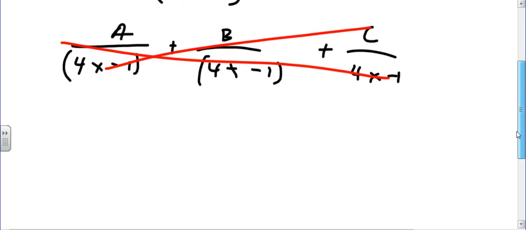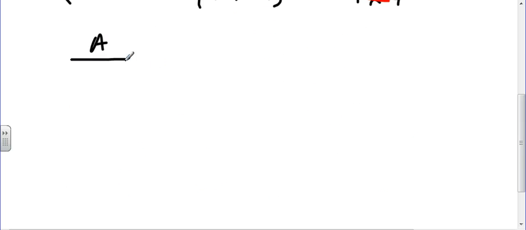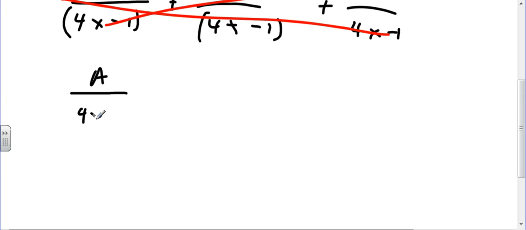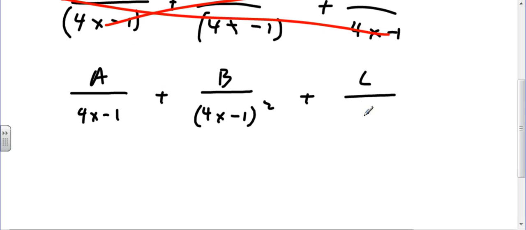We need to look at this as A over 4x minus 1 plus B over 4x minus 1 squared plus C over 4x minus 1 cubed. That is how it's going to factor out. Well, that becomes a horse of a different color and becomes a pain, but that's okay.